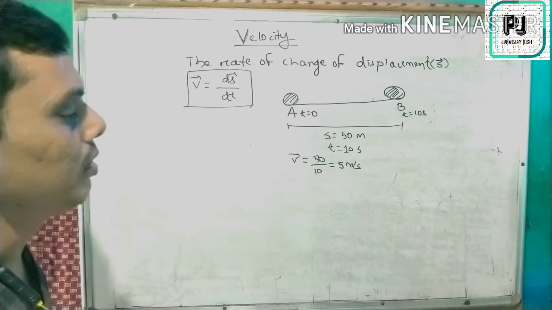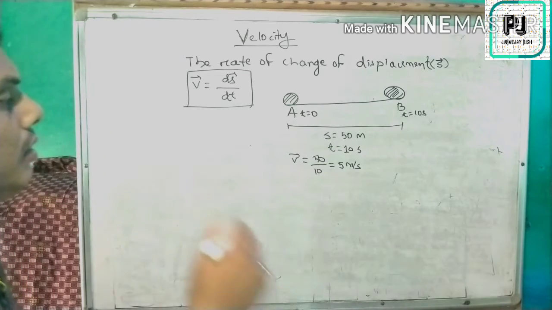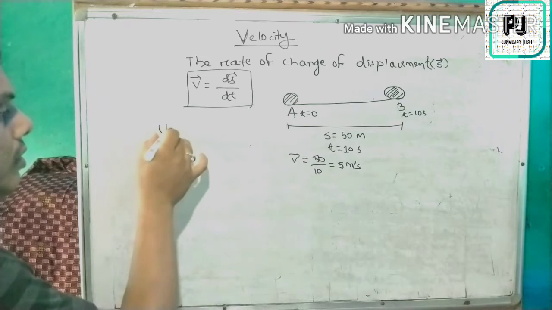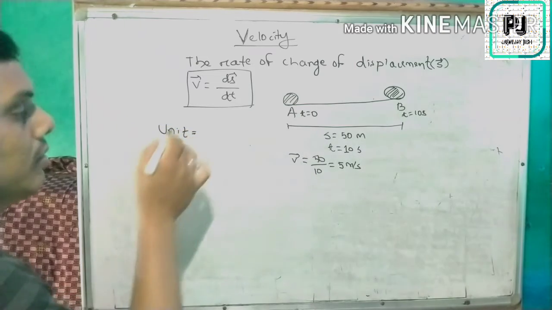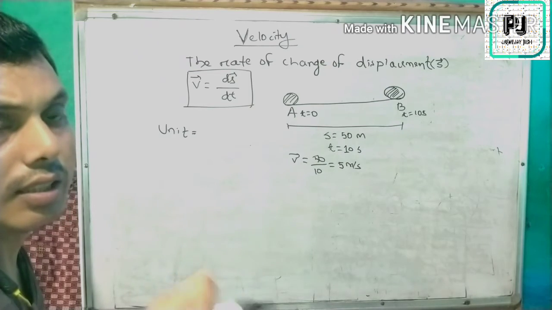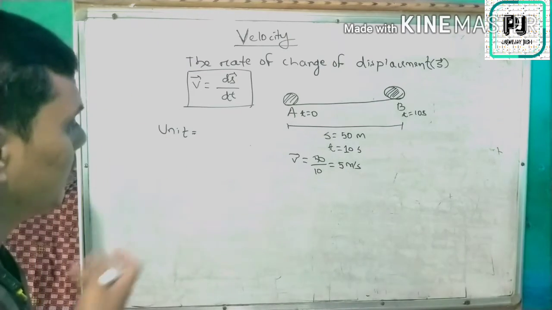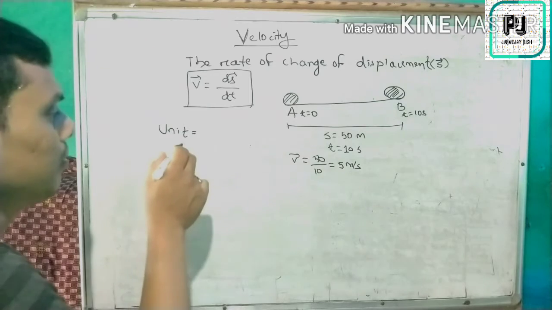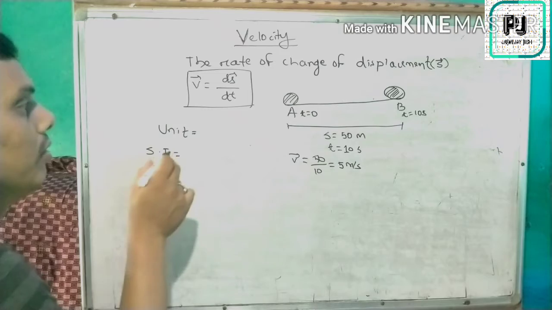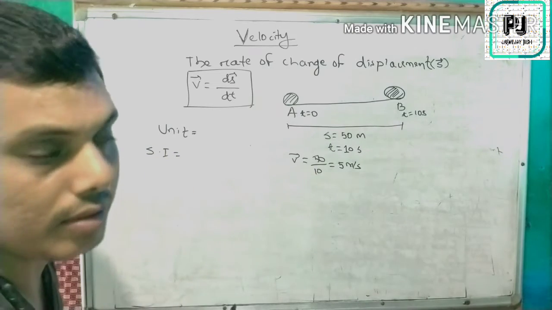Now the unit of the velocity. There are basically two types of unit in physics, CGS and SI. First we will come to the SI unit of the velocity. What is the SI unit of the velocity?